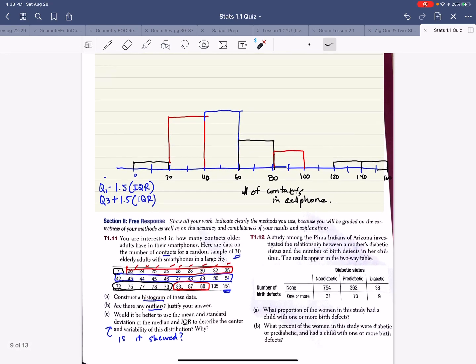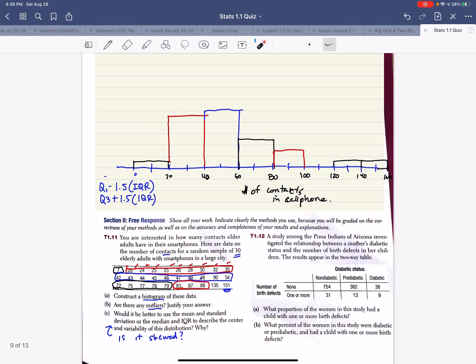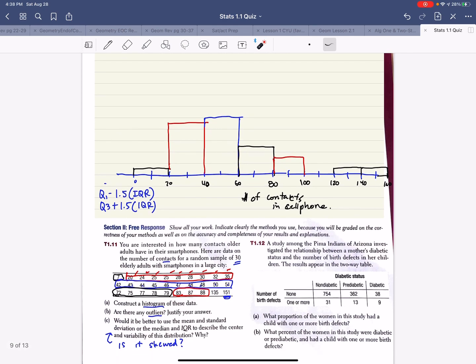So I think our answer to C is we're already feeling like we want to say we like the median and IQR better, right? So A is done. We constructed it, right?